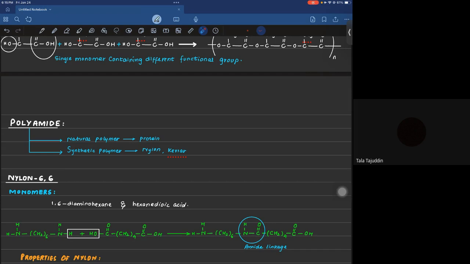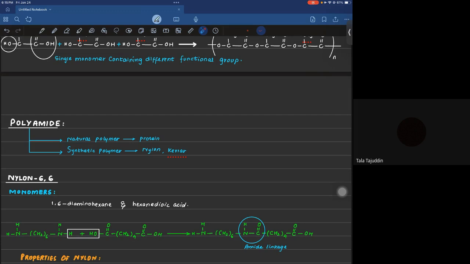So the monomers, obviously, whenever we discuss any polymer, we need monomers. Without monomers, how can you prepare the polymer? That's the main thing. Let's suppose if you want to prepare ammonia, then you need nitrogen and hydrogen.